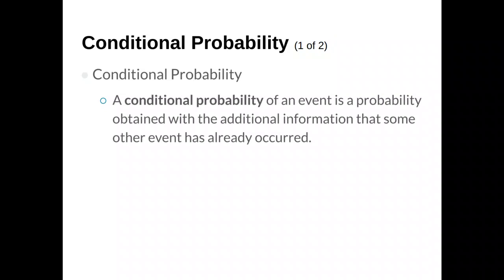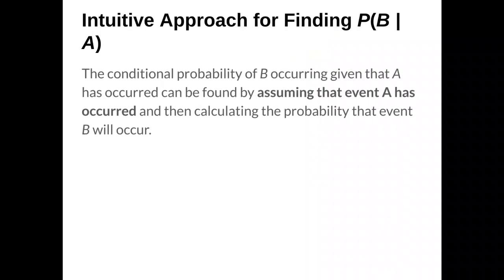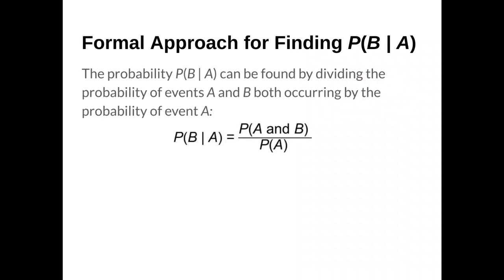However, we can actually do conditional probability on a single trial, on a single event. So we're going to talk about that here and the formula that we can use to do that. So this is the notation that we already talked about: probability of B given A is the way we read that. What we're doing is assuming that A has happened, and now we need to find the probability that B has also happened, or B will occur. The way we do that is we use this simple formula.